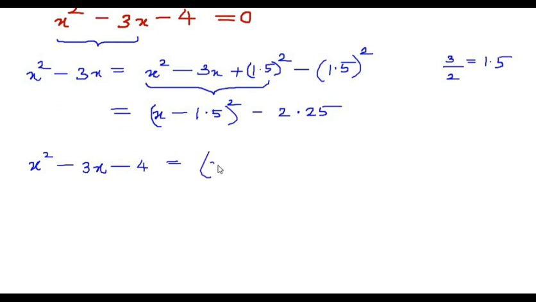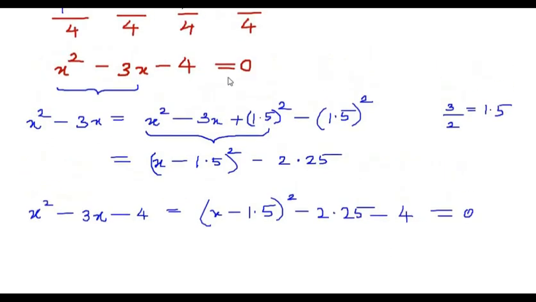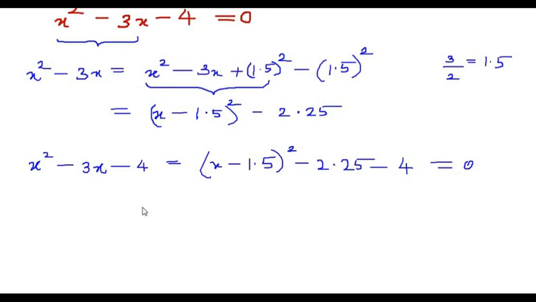So it becomes x minus 1.5 squared minus 2.25 and minus 4 equals 0, because it was equal to 0 here. Minus 2.25 and minus 4 gives you minus 6.25, equals 0.